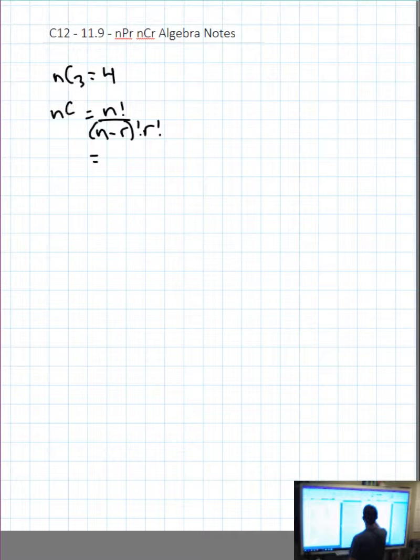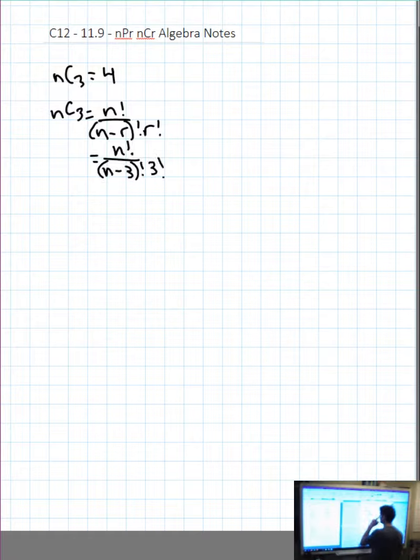I'm going to erase the left-hand side of the formula and rewrite it, NC. And that is the correct formula. So now I'm going to substitute in. So we get n factorial over n minus 3 factorial times 3 factorial. And on the left-hand side, NC3 is 4, so I'm going to substitute 4 in on the left-hand side.